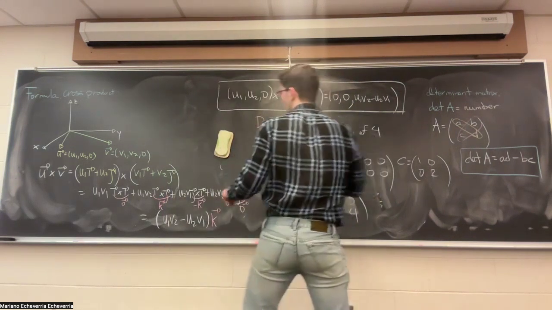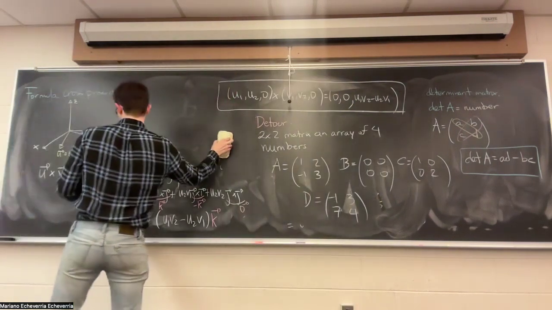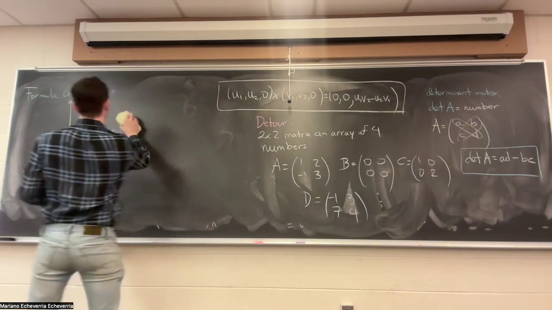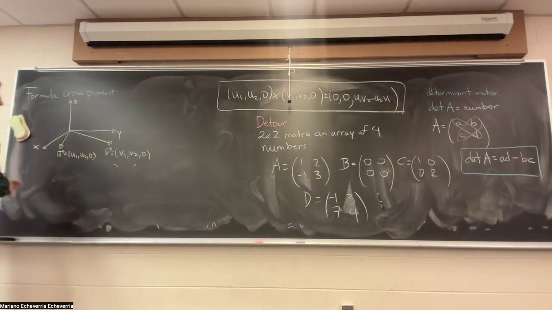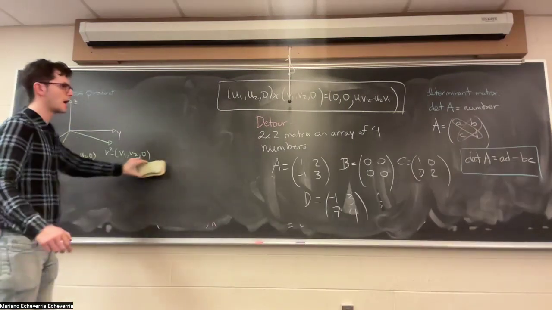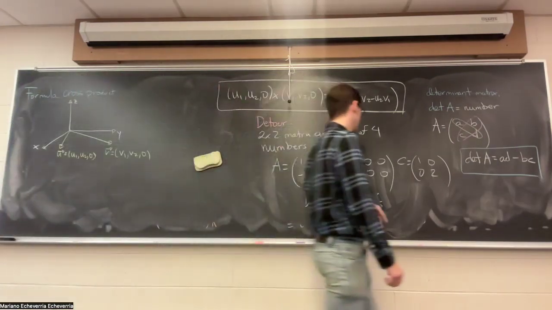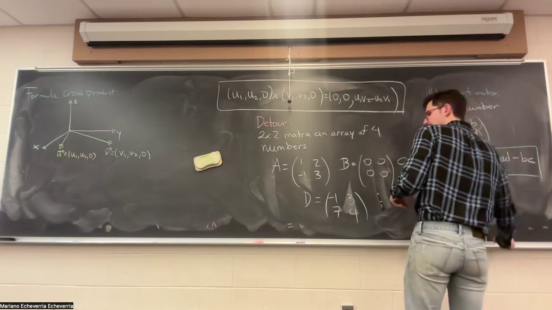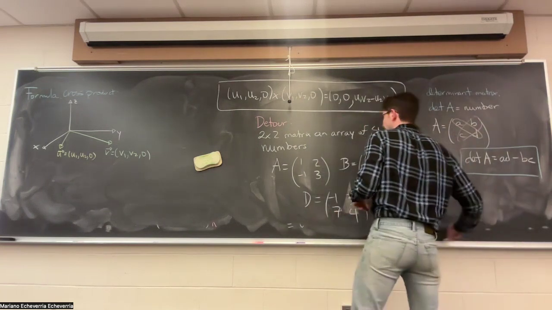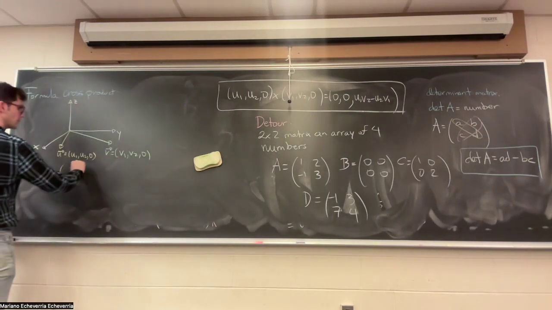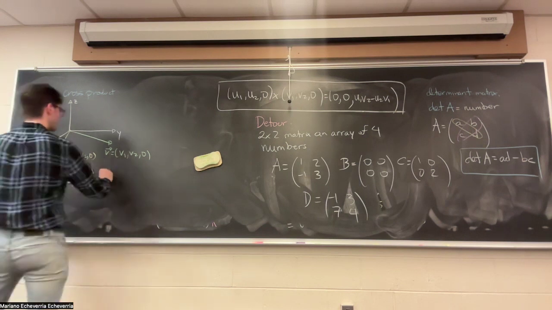For example, let's just do it in these few cases. It doesn't make a lot of sense to do it for this one, but let me do the other three cases so that you have some numerical values. So if A is 1, 2, -1, 3, what is the determinant of A?